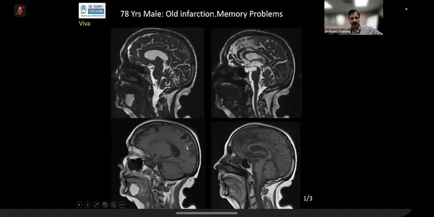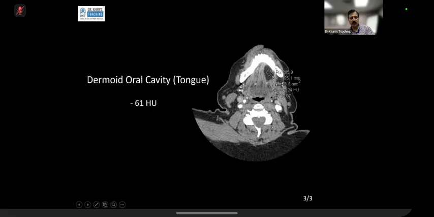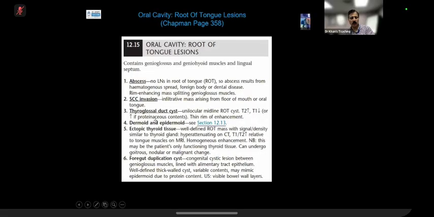Beware of this kind of a case. I'm showing you a brain MR actually, and on sagittal sequences, you can see a dermoid sitting here. You see this thing? Yes, sir. So, high signal on T2, high signal on T1, and on CT scan there was of course fatty density, and this fatty density is minus 61 Hounsfield units.